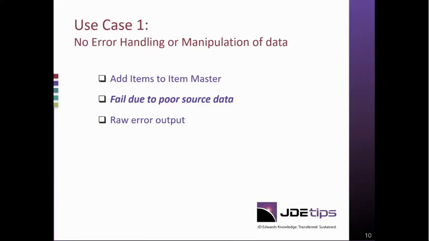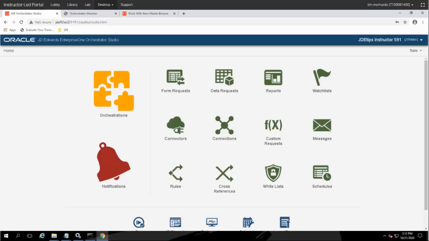So it's just hoping that whoever's running or invoking this orchestration has sent us all perfectly good data, which we know in real life is not how it usually works. So we're going to end up with a failure due to poor source data, and we're going to be looking at the raw error output from that. So that's going to be our first use case.